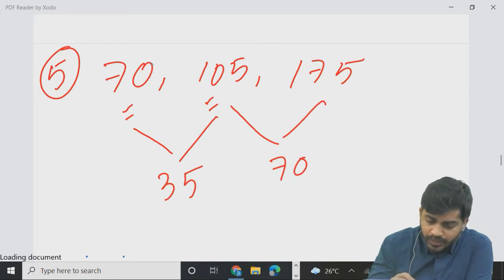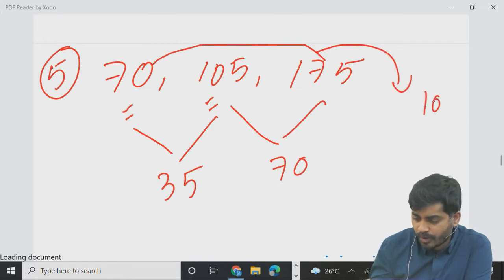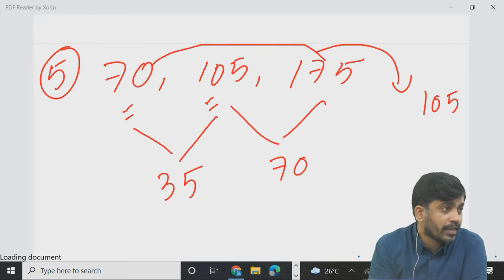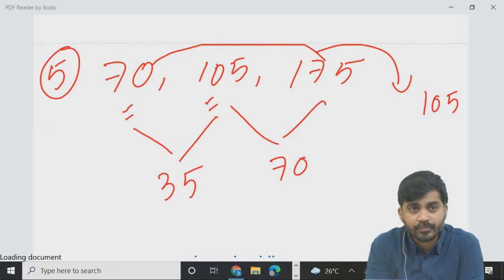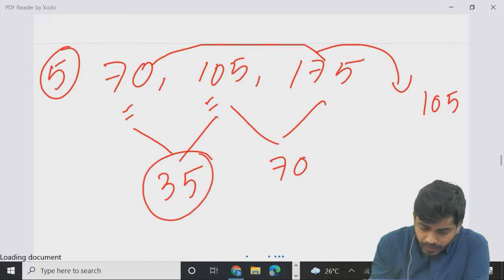What about the first and last difference? 70 and 175 difference is 105. So out of these 3 differences, the answer is the smallest difference. The smallest difference in this example is 35.